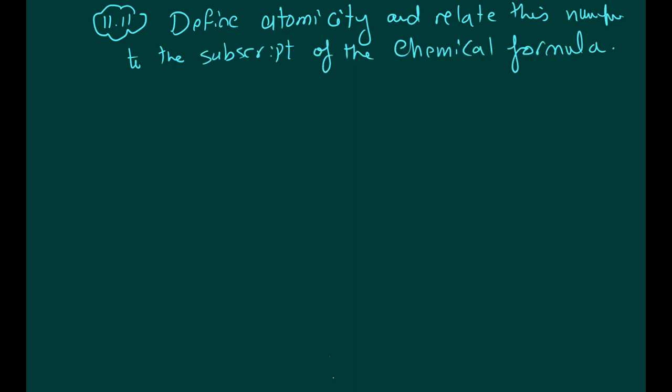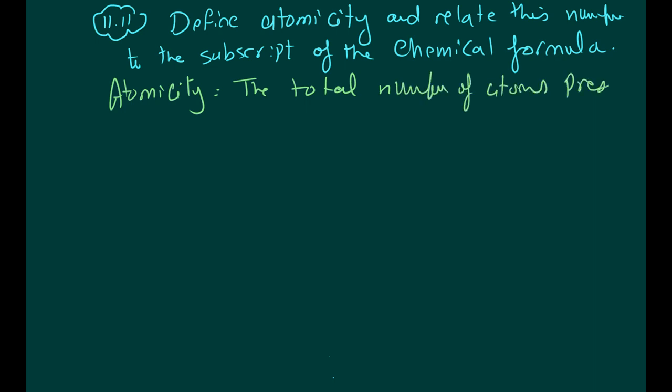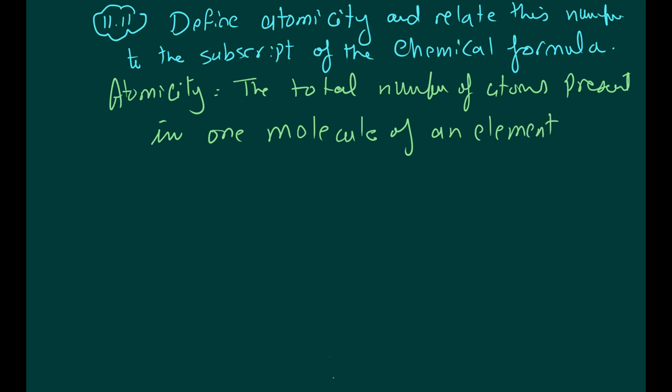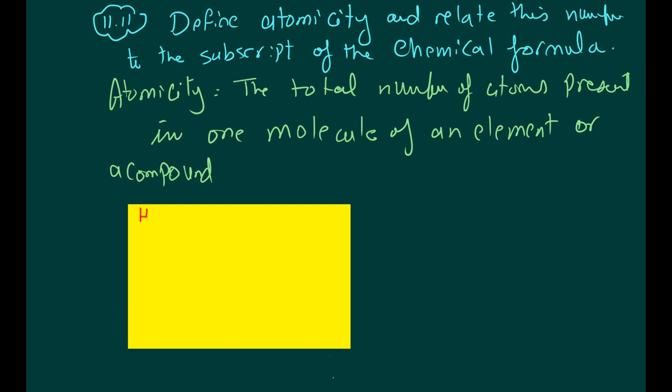Here we can say that atomicity is the total number of atoms present in one molecule of an element or a compound. So, if we ask what is the atomicity of H2SO4?